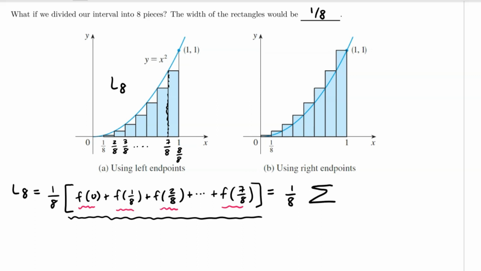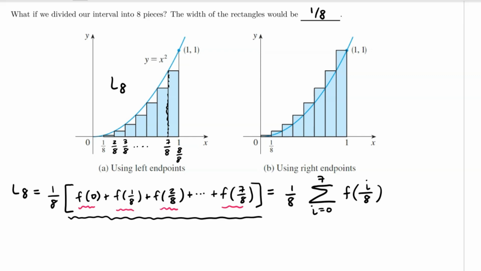Pause the video to see if you can figure out what the indices will be and what goes inside of our summation. Our lower index is going to start at i equals 0, and our upper index is going to end at i equals 7. If you notice the pattern, the things that we're adding together are f of i over 8.